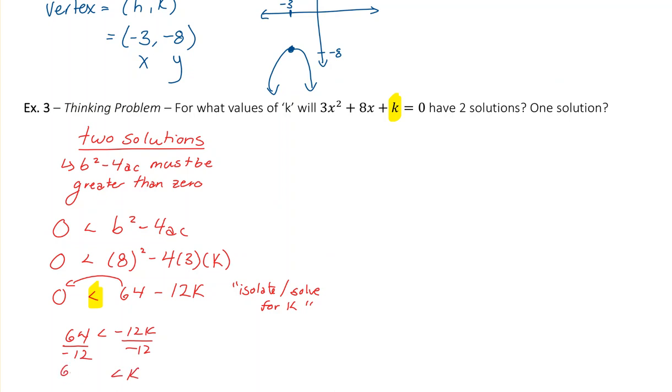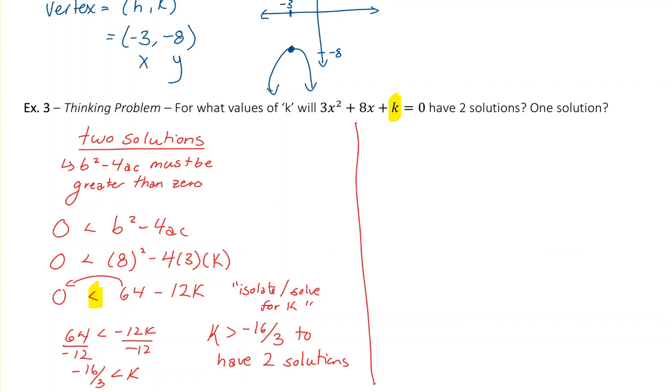And if I reduce that fraction, 64 over negative 12, I get negative 16 over 3. Therefore, I can say k must be greater than negative 16 over 3 to have two solutions. So any value that is greater than negative 16 over 3 will work plugging into this equation if I want this quadratic to have two solutions.